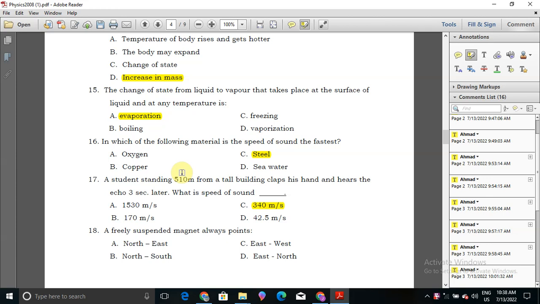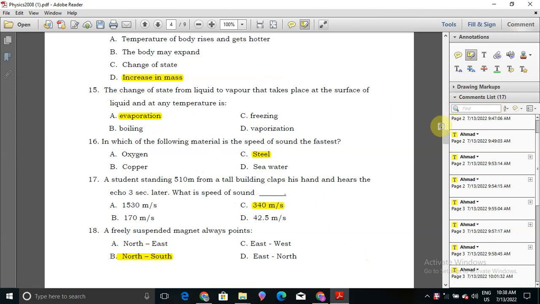Actually, the correct answer that all the people know is north-south, right? Why? Because if a magnet is suspended from a thin thread, it always points in the same direction, toward the geographic north-south direction. So for question number 18, choice B is the correct answer.